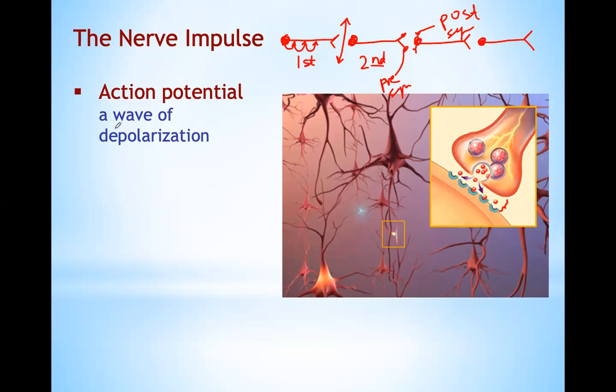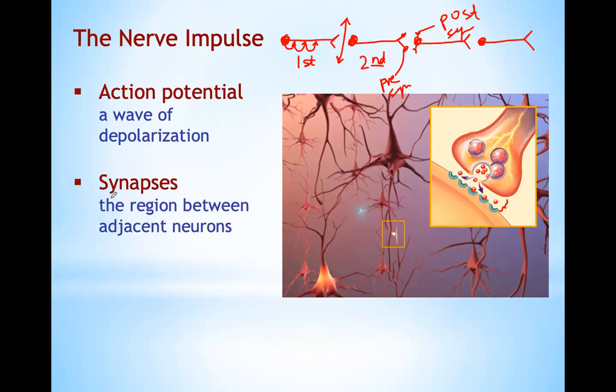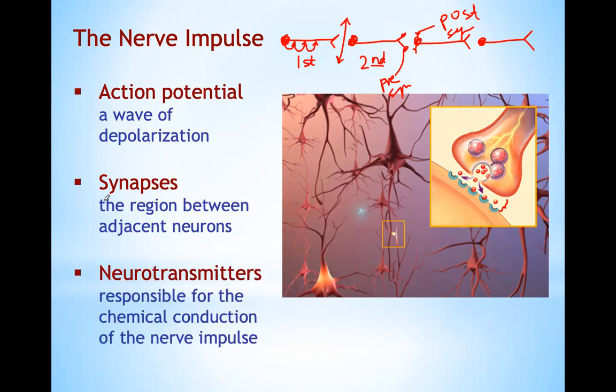So the action potential, which travels down the axon as a wave of depolarization, travels across the synapses, across the gaps between the neurons, as chemical messengers or as neurotransmitters. So the neurotransmitters are responsible for the chemical conduction of the nerve impulse.